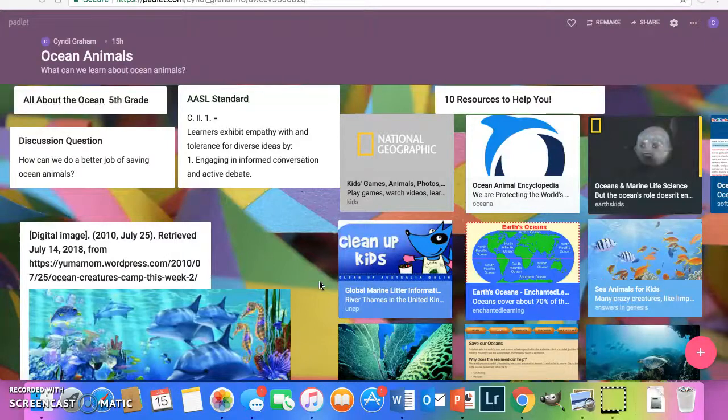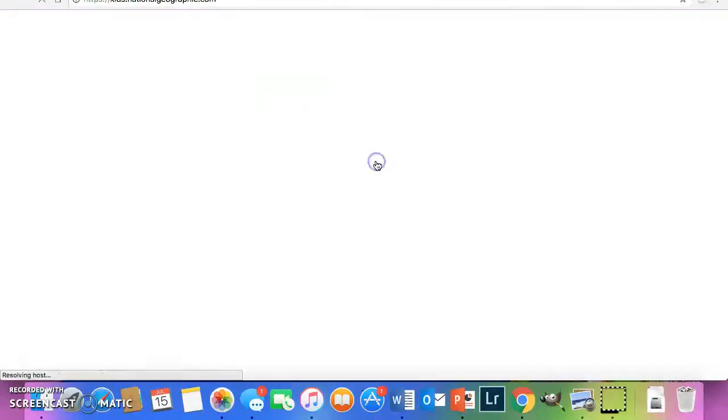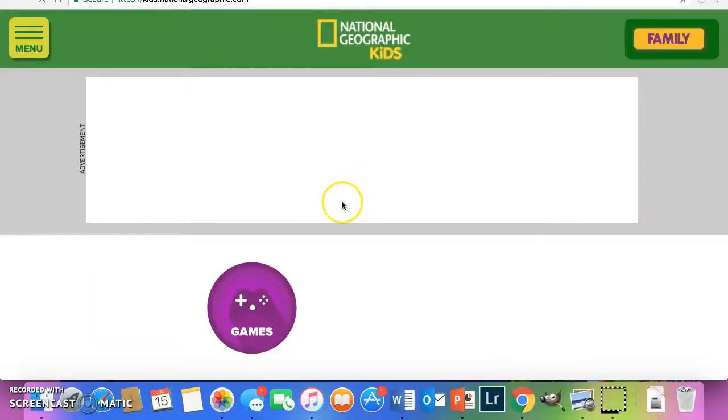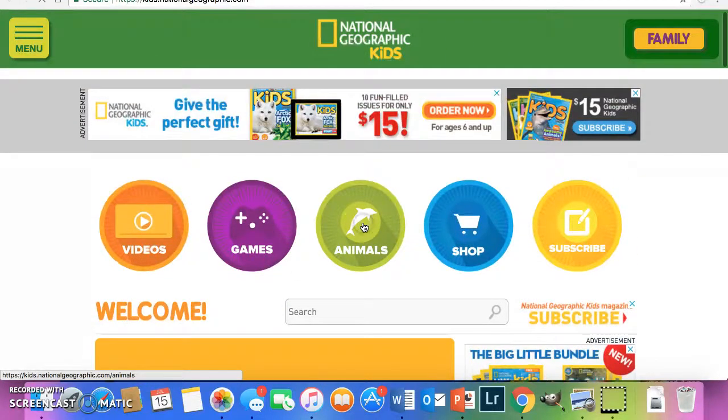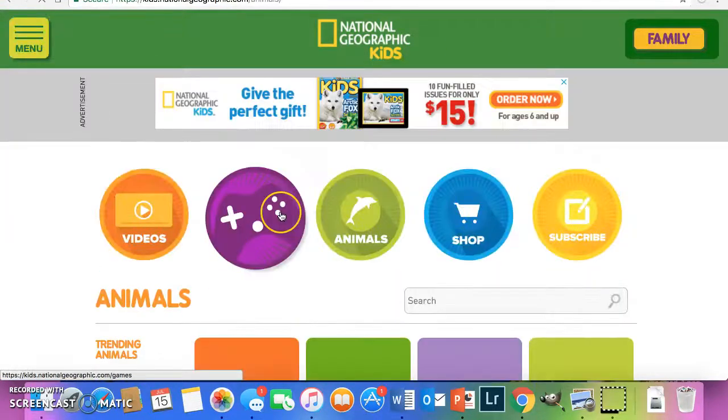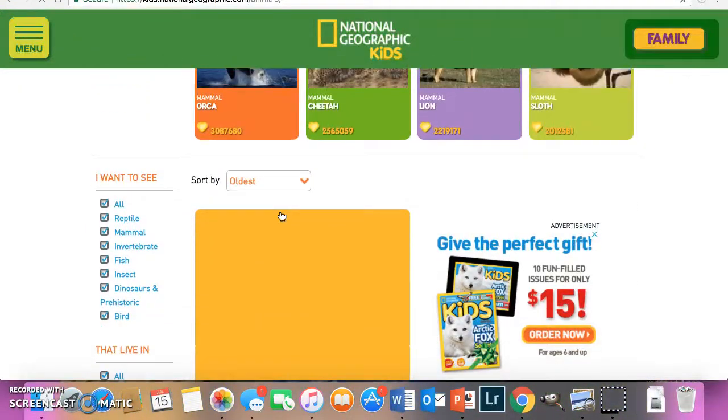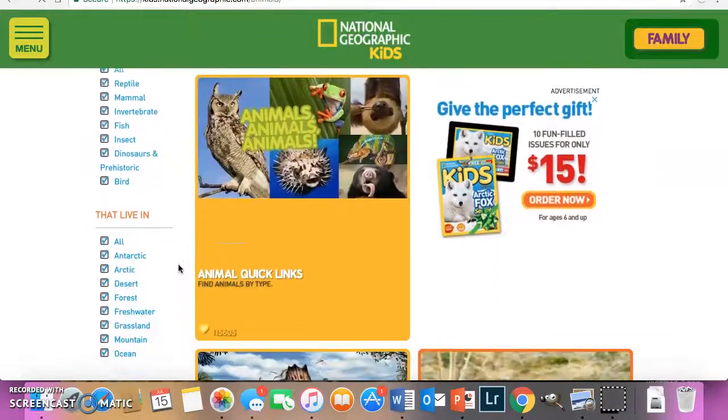So we are going to go through these resources that I have for you. I'm just going to briefly go through them, and then we'll talk about our discussion question. The first one is National Geographic, and when you pull this up, it will take you to the National Geographic Kids website. Within this website, you can look at the different animals. Specifically for us, we would be looking for animals that live in the ocean.